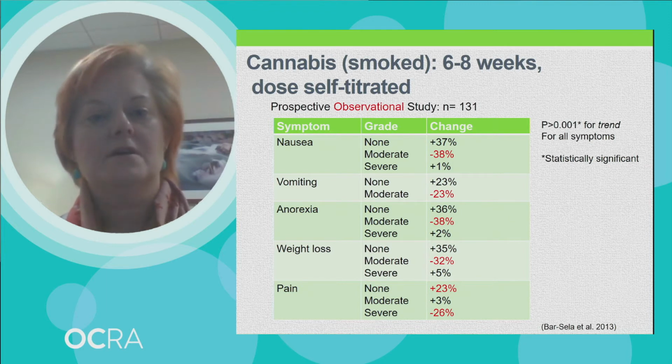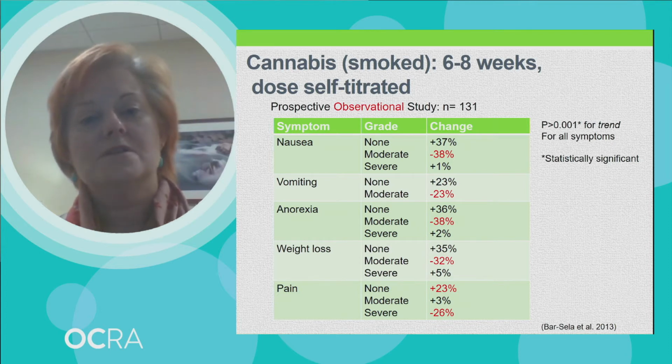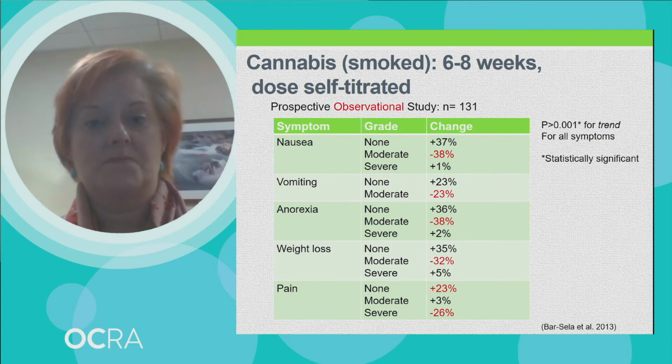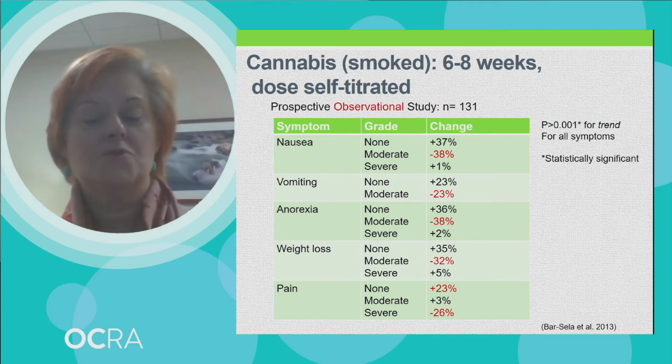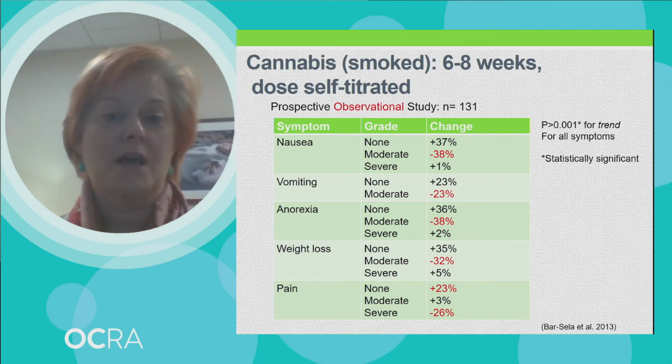So what you see here is that for most of the symptoms we've talked about so far, nausea, vomiting, anorexia, which is poor appetite, and weight loss, there's a decrease in the number of people experiencing the moderate amount of symptoms and an almost similar increase in the number of people having no symptoms. So people are going from moderate symptoms to no symptoms after 6 to 8 weeks of cannabis use.